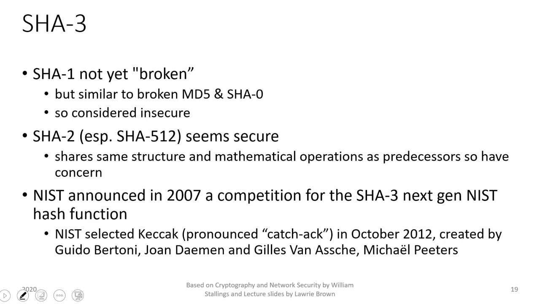So SHA-3 is developed as an alternative there, a different approach, a new hash function, not based on the previous ones, and tried to address the issues with the previous hash functions.